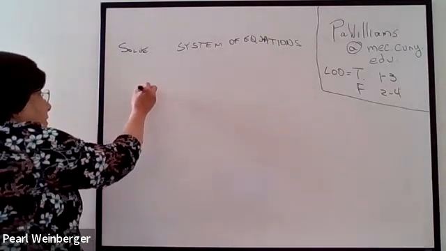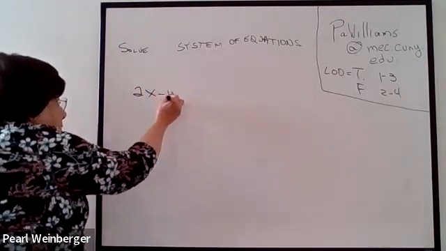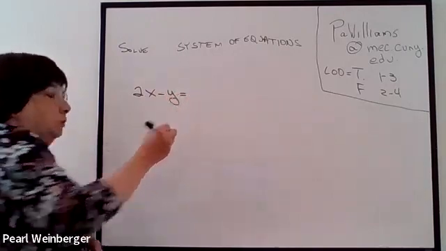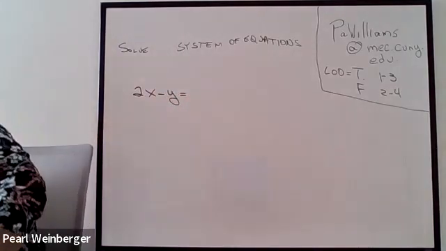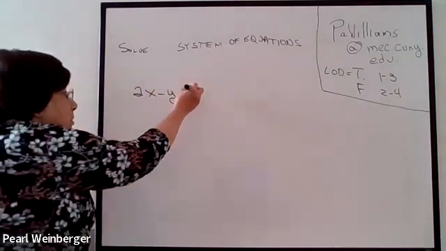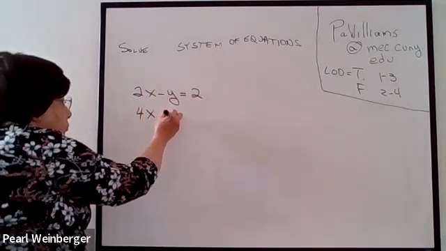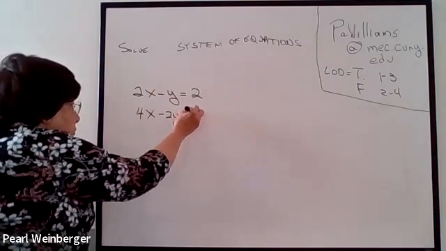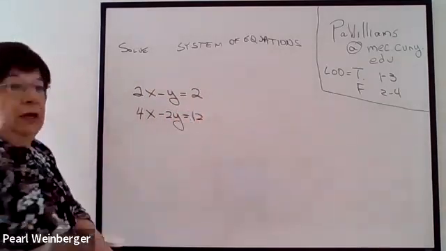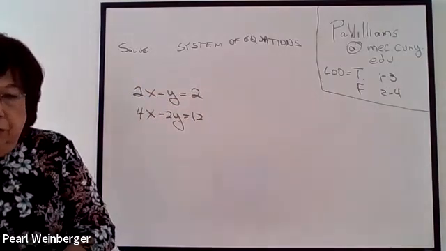We have 2x minus y equals 2, and 4x minus 2y equals 12. Okay, I'm going to give you a few minutes to work on this.